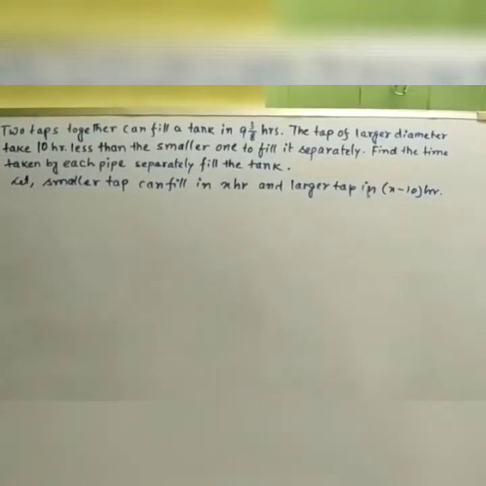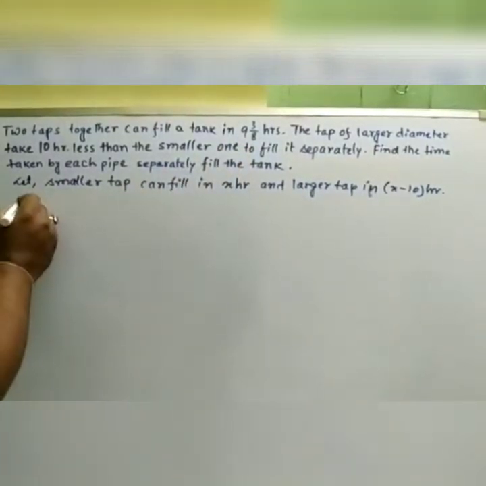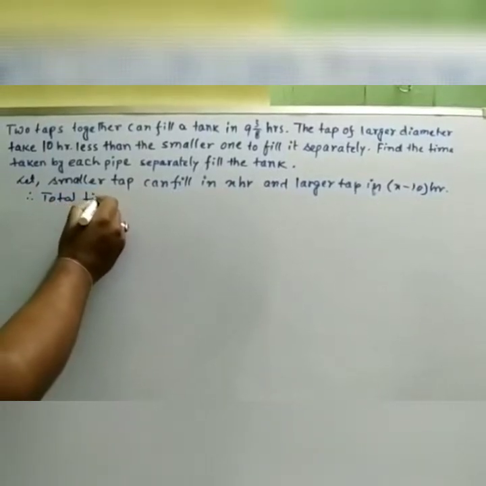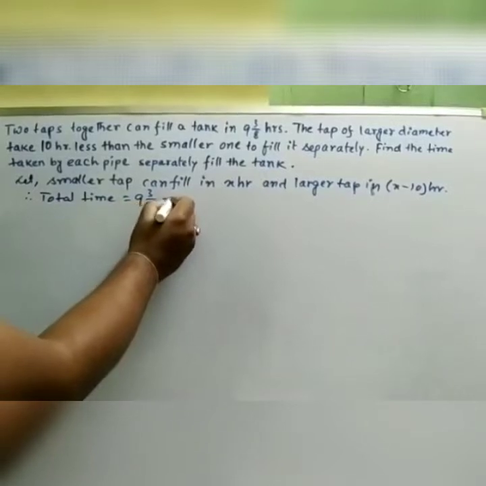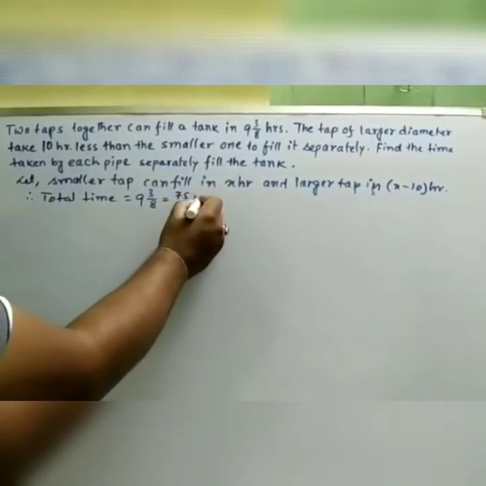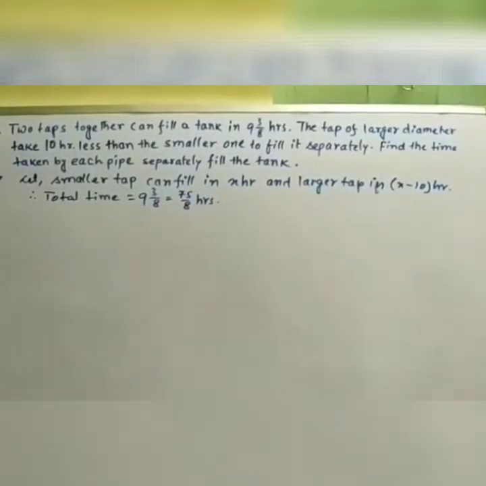Okay, so here the total time taken for the two taps to fill the tank is 9 whole 3 by 8 hours. So therefore total time equals to 9 whole 3 by 8 equals to 75 by 8 hours. This is the total time taken by the two taps.